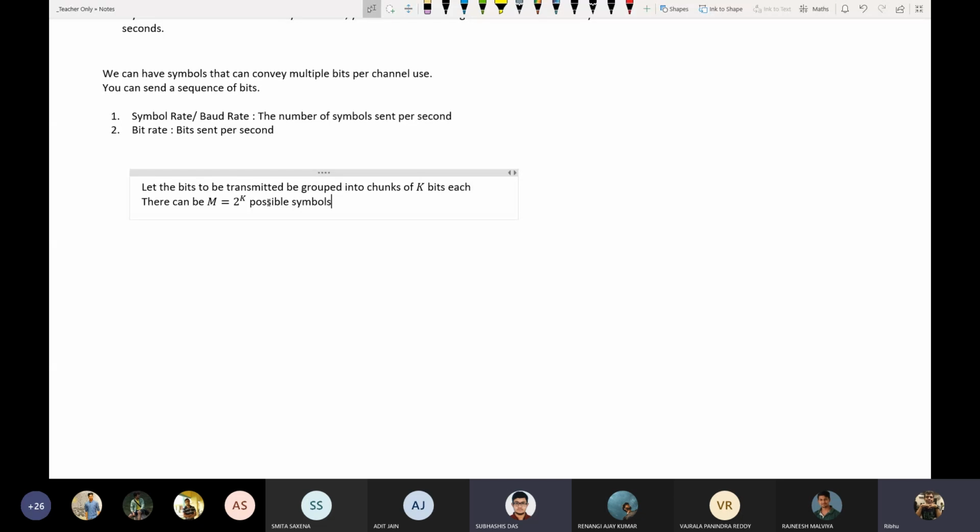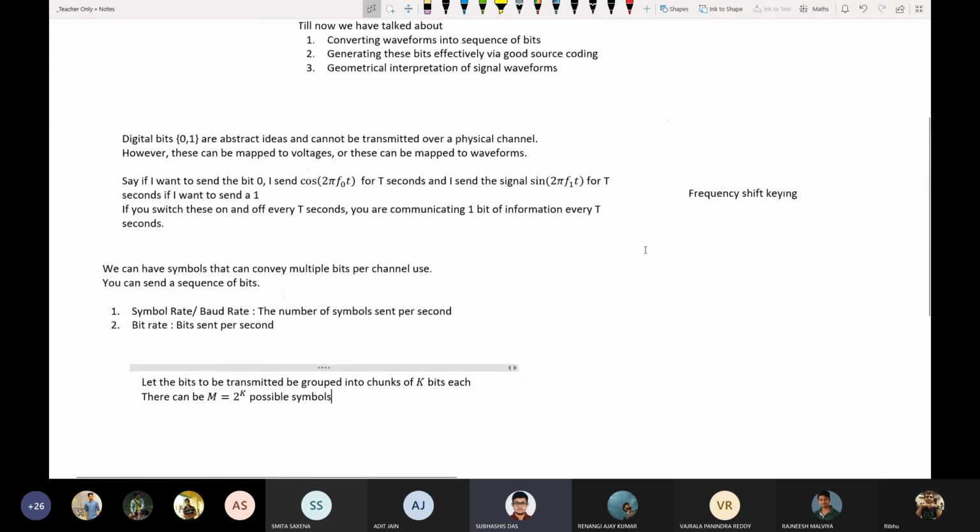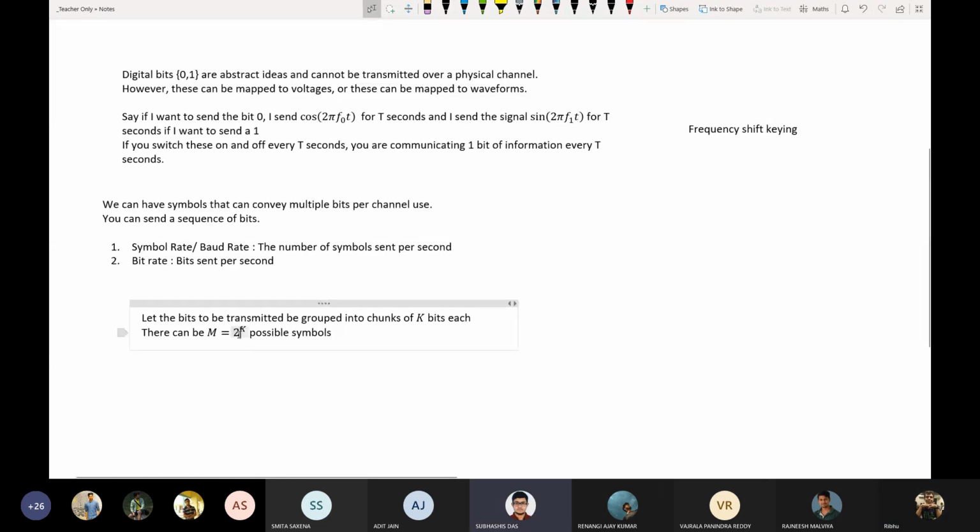Sir, but here with k bits, in that example we had to use 7 different colors. How can we do it with just two colors? Did I say that we have two colors? No, sir.